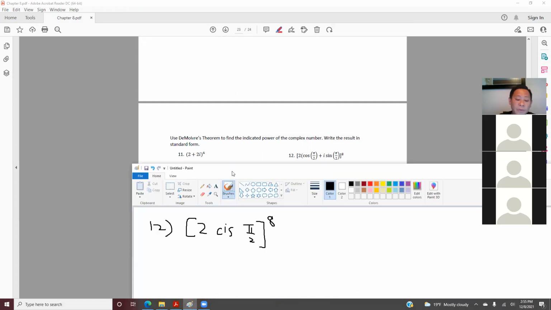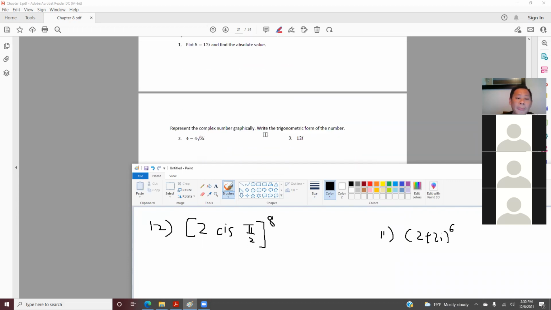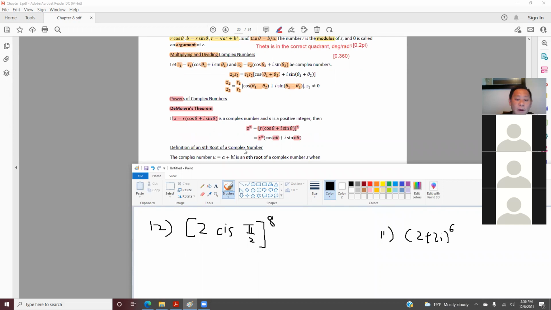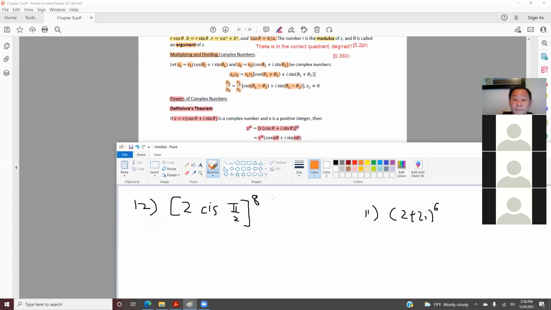So what does the De Moivre theorem say if you have this in a power form? Your r becomes r to the power of 8, but your theta, your angle, is being multiplied by 8, in this case because we're doing the 8th power.